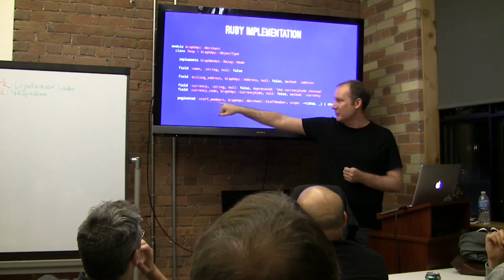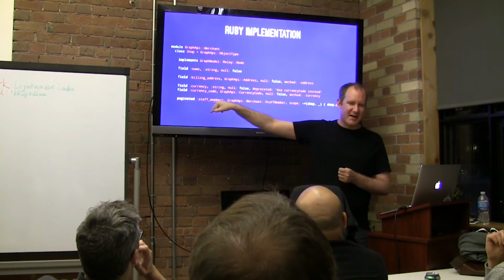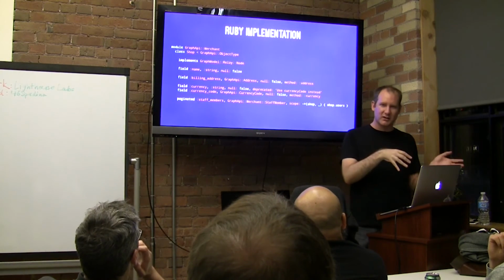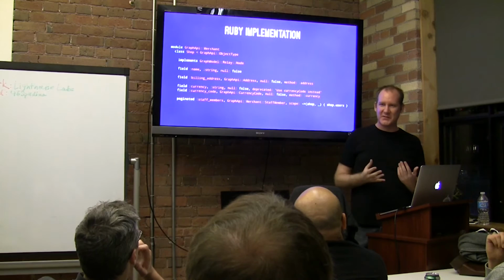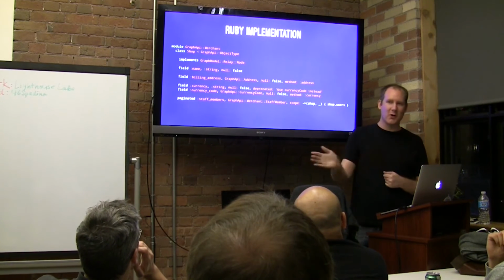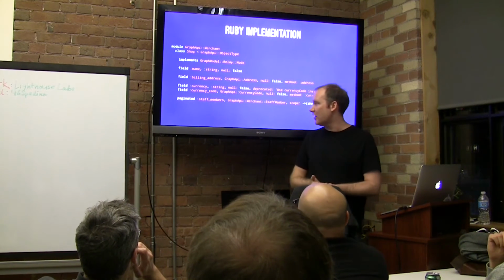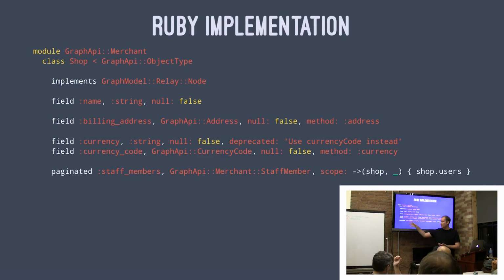We thought a shop would only have maybe, I think, 255 staff members. Imagine you're running an online shop, you have a max of 255 staff members. That was super wrong. Now it's thousands in some successful shops. So now we force pagination. The clients have to actually understand a very different syntax to ask for a paginated set, and time permitting, we can talk about that. But that's basically it.